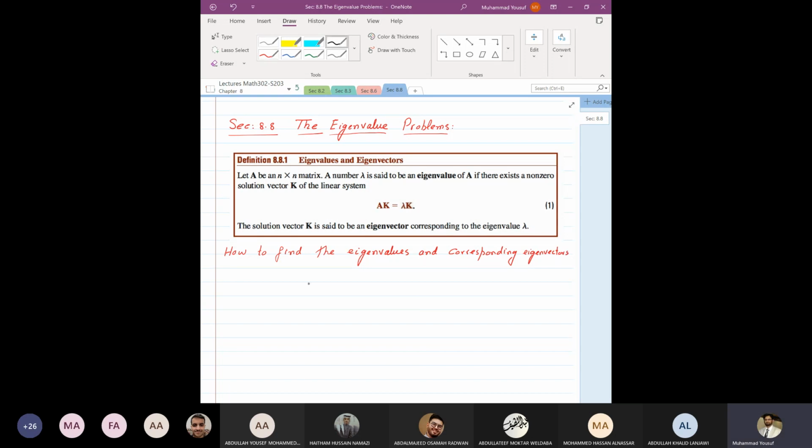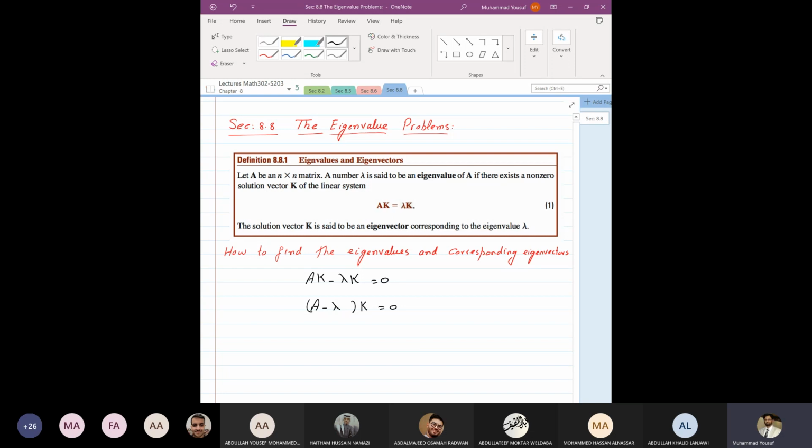For that, we write AK minus lambda K equal 0. And then we write it as A minus lambda, K equal 0, taking K as a common factor.